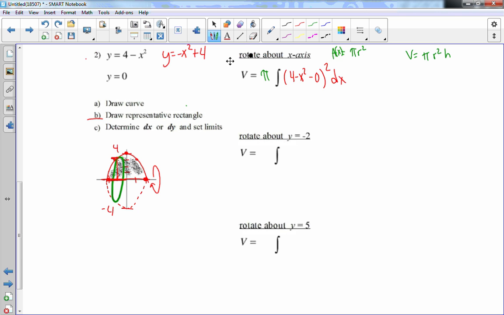Okay, what are the limits of integration? With respect to x, so how far do we go off from the x-axis? Negative 2 to positive 2. Okay. We go find that volume.